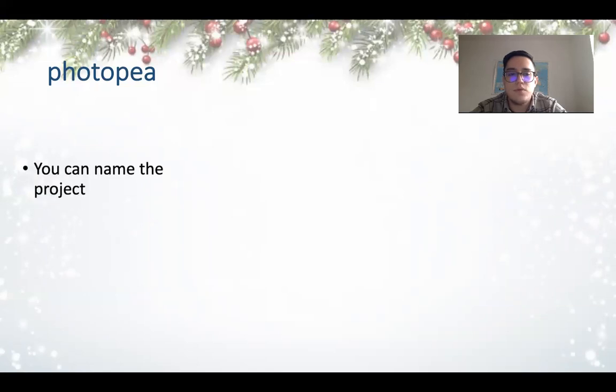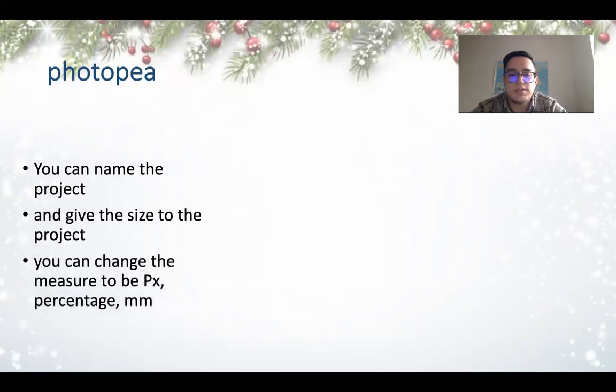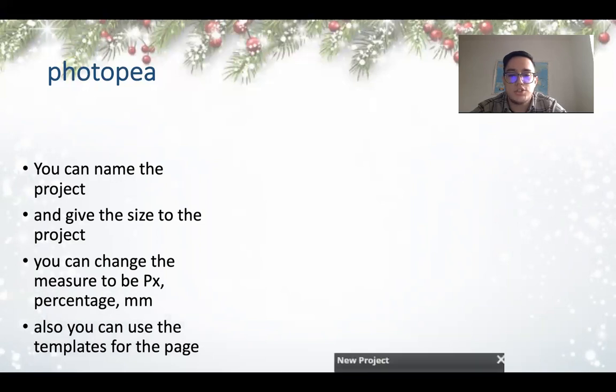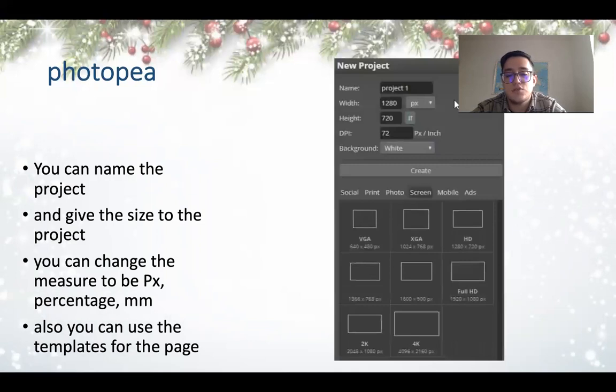You can name the project in Photopea, the name that you need, and give the size to the project. You can change the measurements to be pixels, percentage, millimeters. Also, you can use the templates for the page that it's given to you.